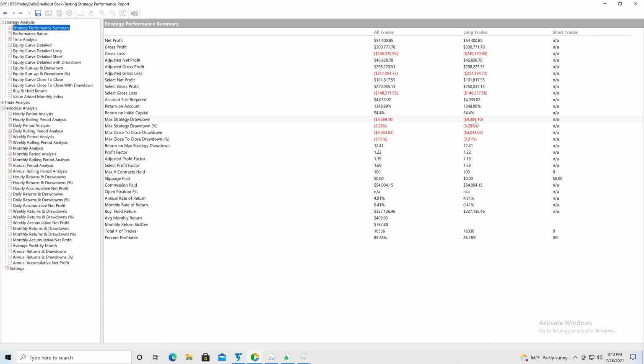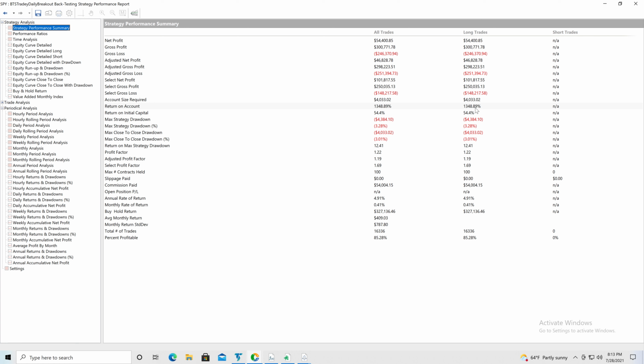In longer strategies, you'll see drawdowns of around 12,000-ish, 10,000, something like that. Return on capital, whoa, 1,300.